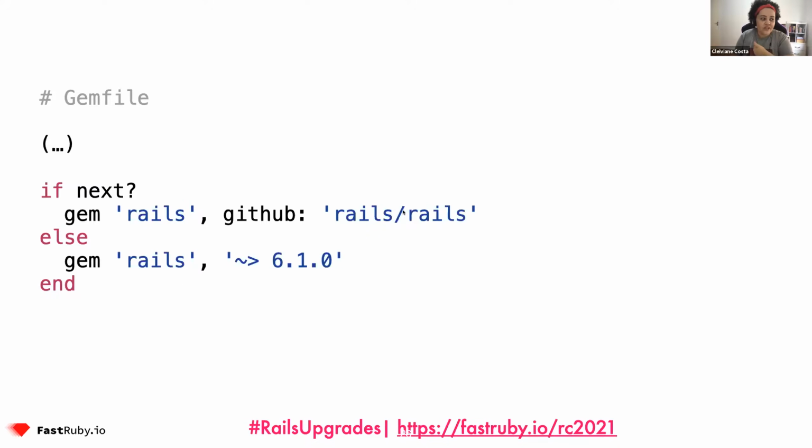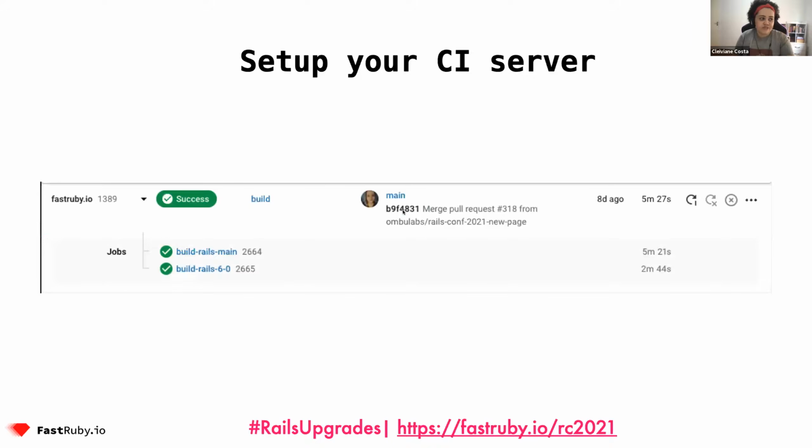One thing you can do to exercise this is set up your CI server to run two jobs, one with the version you are on and one with the Rails main branch. So at least you have this failing every time, and you know that your code is going to break if you go to the next version, right? Those are the three extra tips we wanted to leave to you.